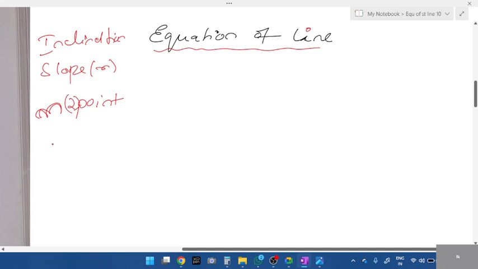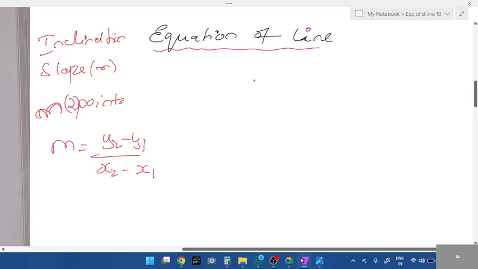When slope and 2 points are given, what is the formula, students? All of you remember. Respond. m is equal to y2 minus y1 divided by x2 minus x1. So slope, intercept, inclination concept is done. That is a separate concept.